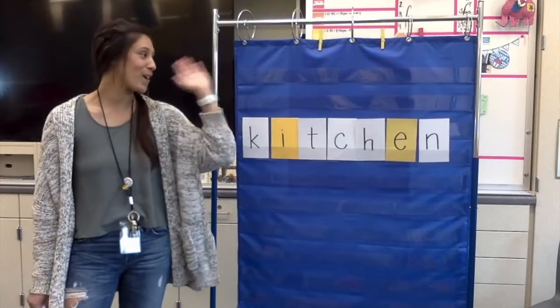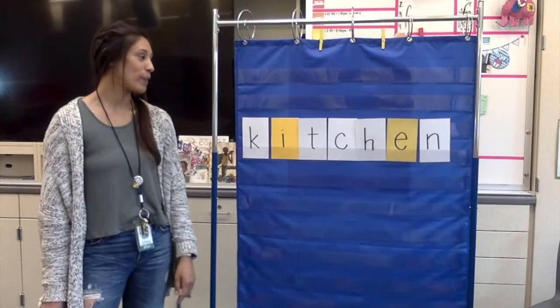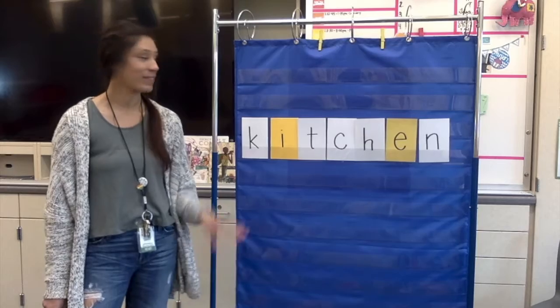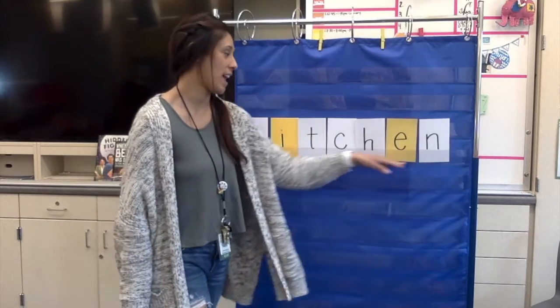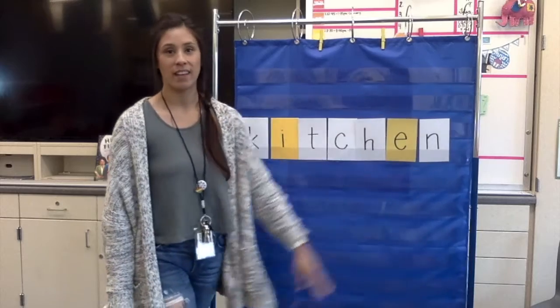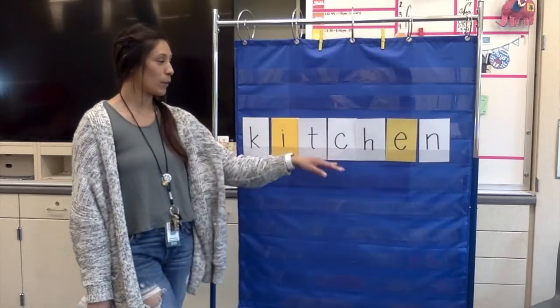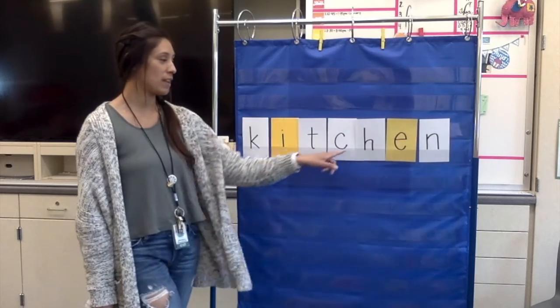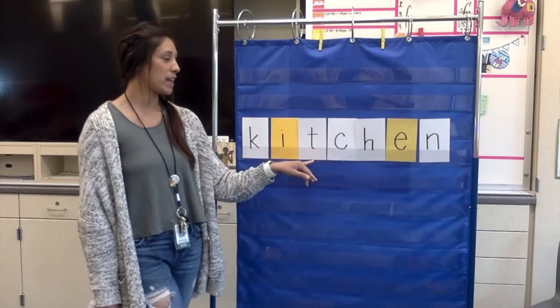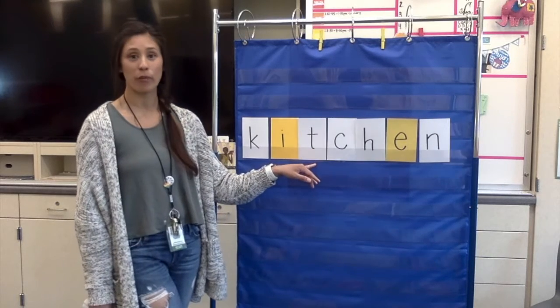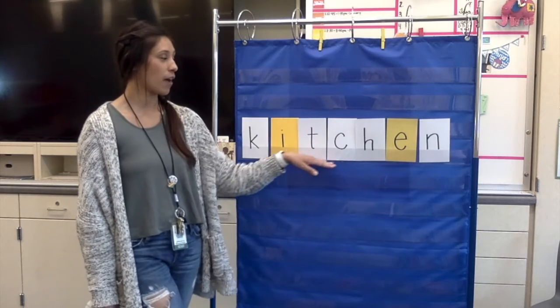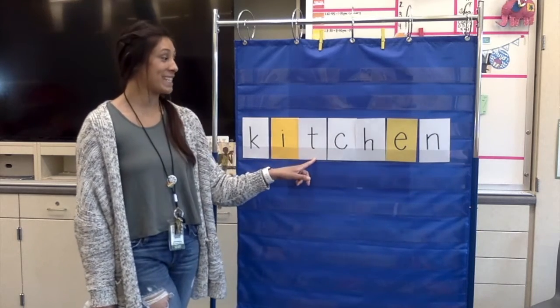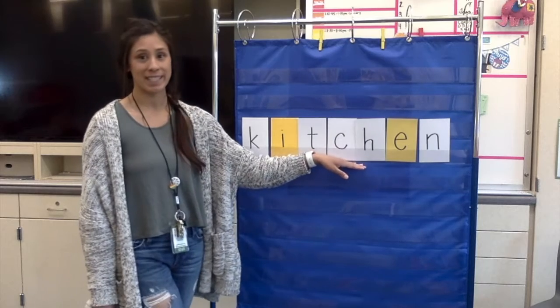Nice job. That's awesome. So, boys and girls, how do we spell kitchen? K-I-T-C-H-E-N. Kitchen. All right. Now, notice in the word kitchen, we have this chunk in the middle, C-H, but then it also has a T before it. Lots of times when we hear this sound, ch, there's a T actually in front of the CH.